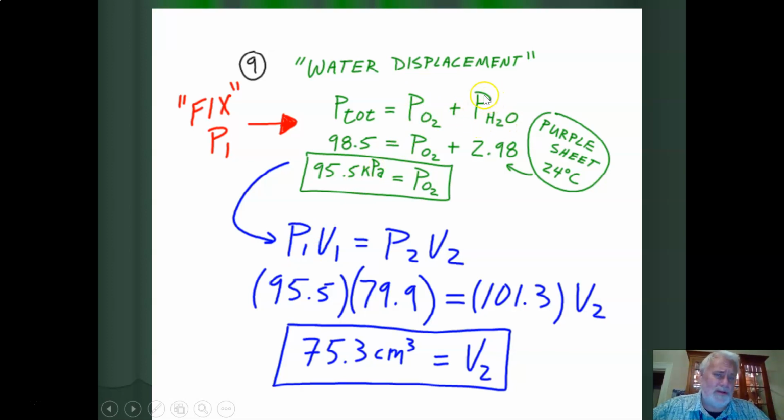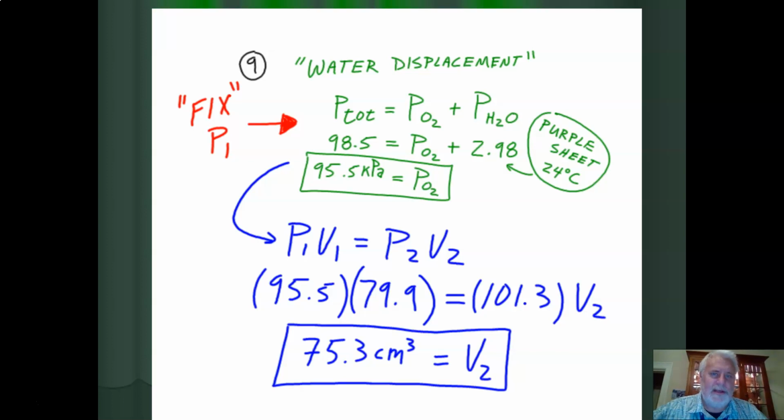And remember, water is always kind of that little impurity that we just sort of have to fix. And that's why I said fix P1. You're going to do the same thing on problem number 10. You're going to get that first pressure. You're going to have to fix it. And then problem 10, all of them convert into standard pressure. So, but you gotta get that thing fixed first.